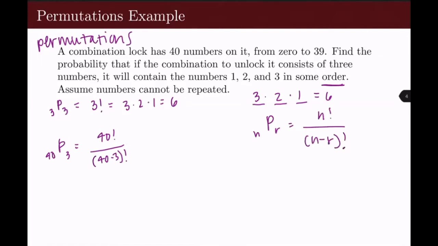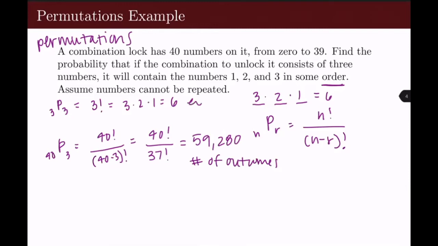So this is equal to 40 factorial divided by 37 factorial. It is equal to 59,280. So this is my number of outcomes. And this 6 was my number of events.